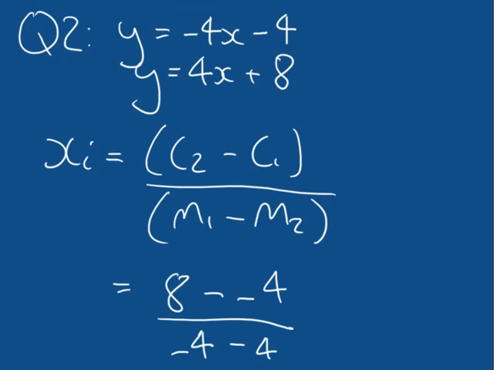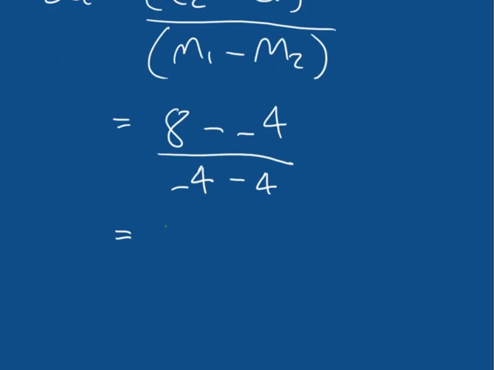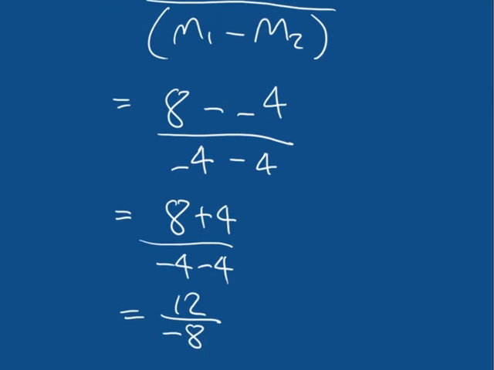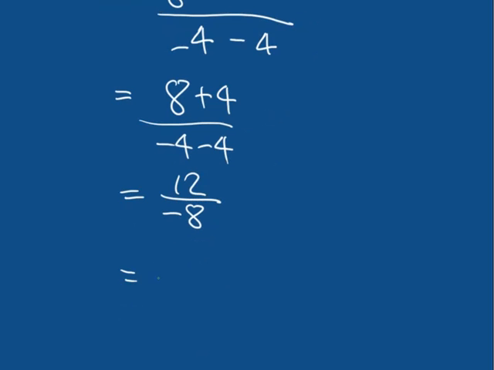So we can now work that through. So that's equal to 8 plus 4 over minus 4 minus 4, which is equal to 12 over minus 8.